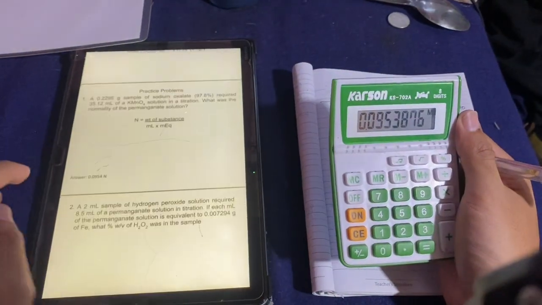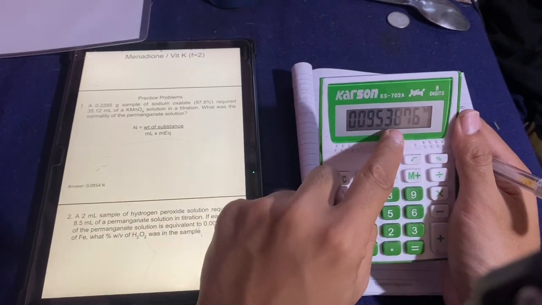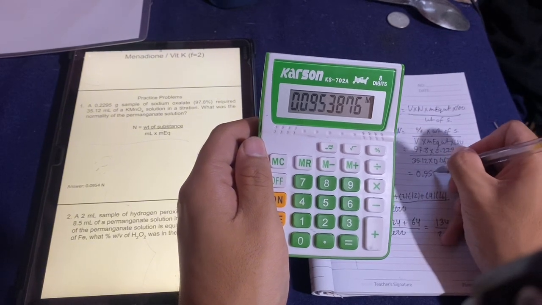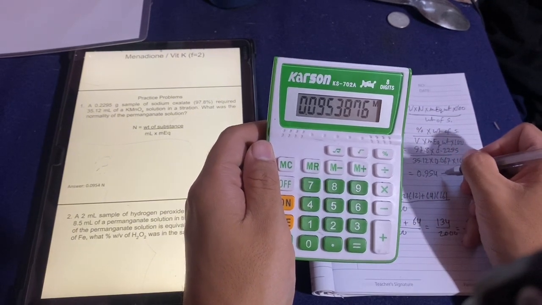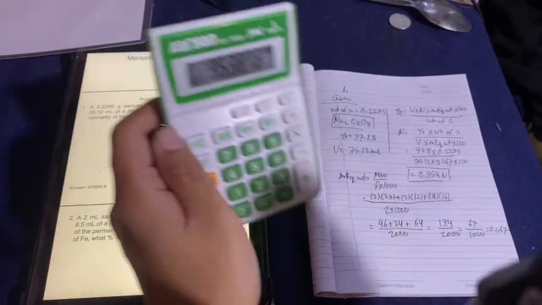As we see here, the answer is 0.954, so we round it off. So 0.954, and our unit is normality. So that's the answer for number 1.